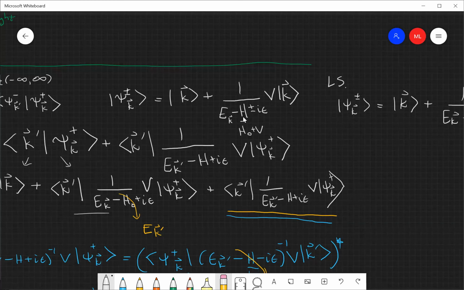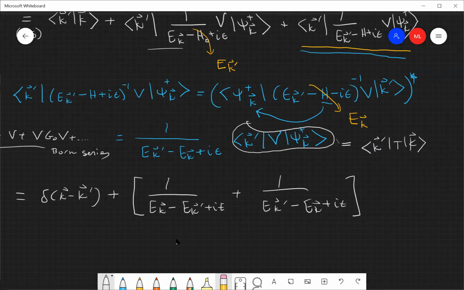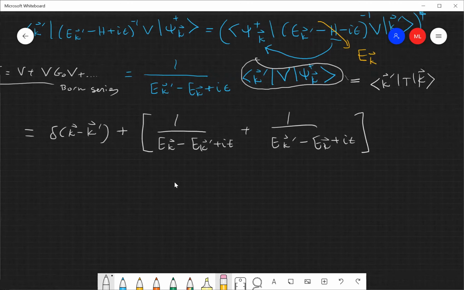For instance, when you have a potential that has bound states, obviously something bad can happen if your energy here is equal to the bound state energy, because then this will be zero. You can get a blow up that's different from the blow up that's corrected by this plus i epsilon. So there are issues with this for sure that you can think about, but we'll just assume that those issues can be fixed.